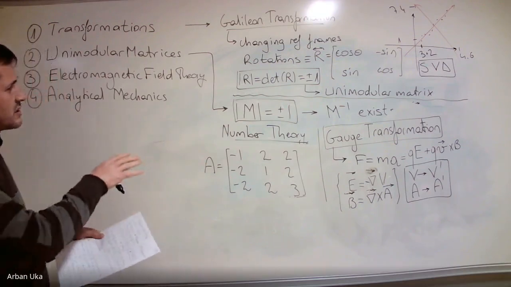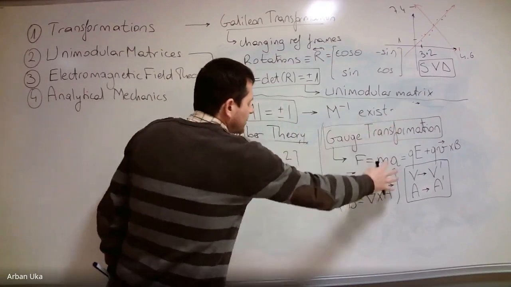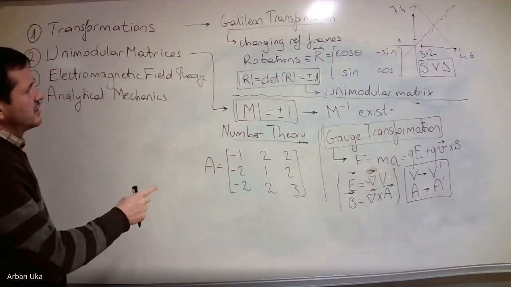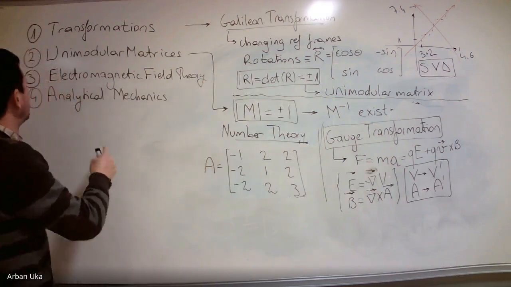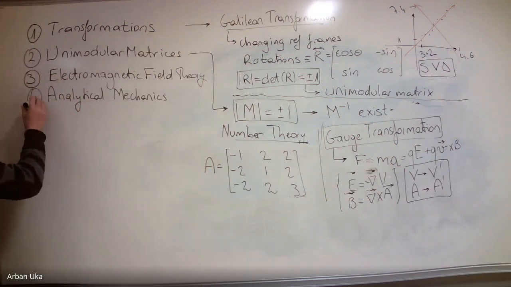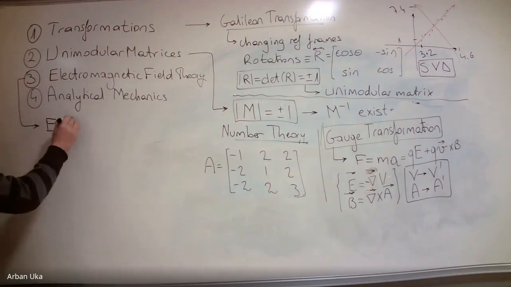Now, let's come back to this. This discussion right here was just to argue that the properties of what we learned in part 1 and part 2, we can apply now to part 3. So in part 3, we're talking about electromagnetic field theory.